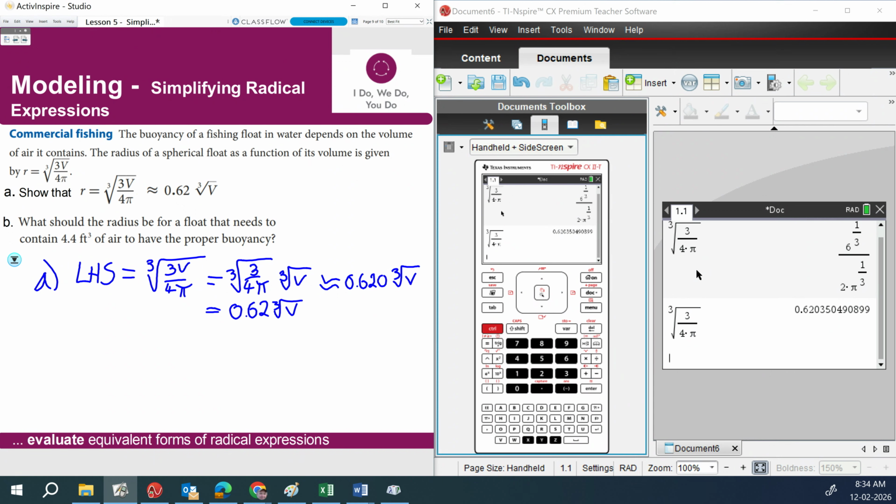So I've shown it. When you show one extra decimal place, make sure you round it at that point correctly.